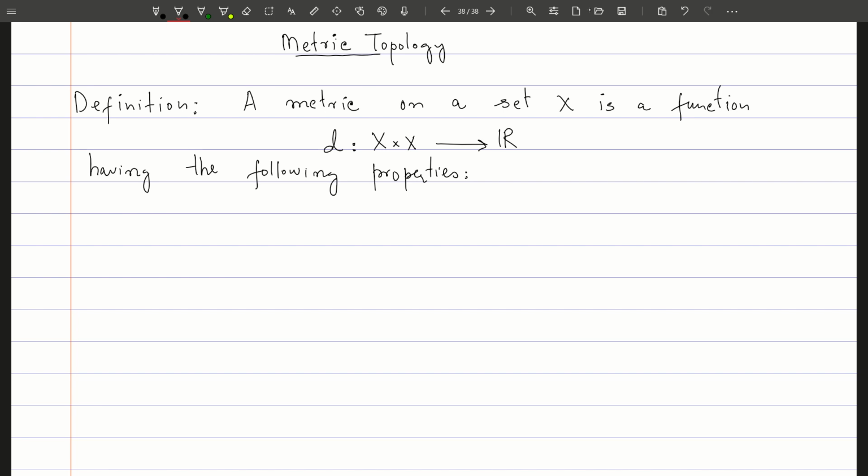The first one is that the function d is non-negative, i.e. d of xy is always non-negative for all x and y in X, and the equality holds here only when x is equal to y.